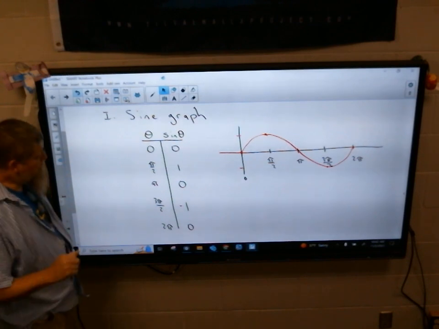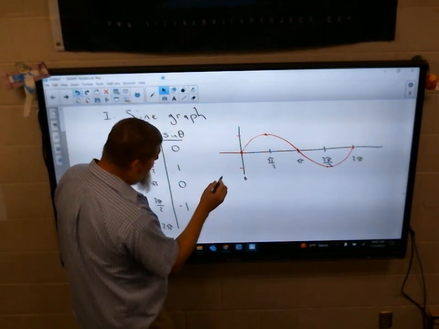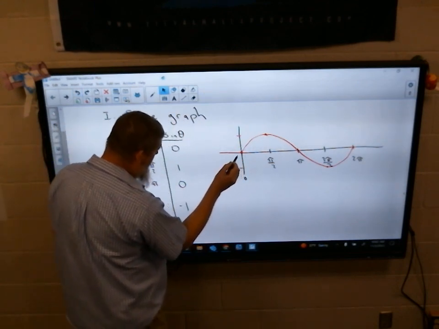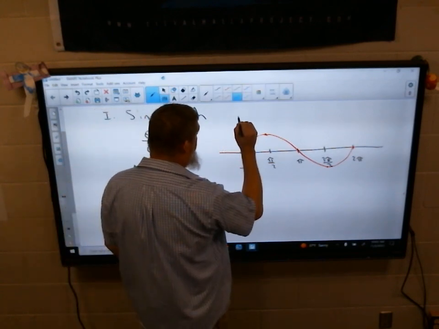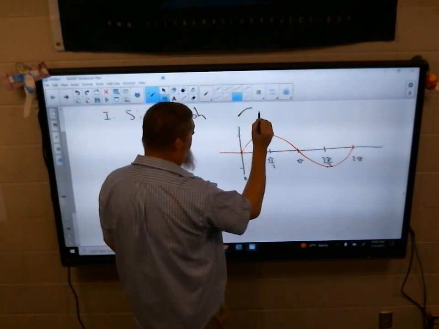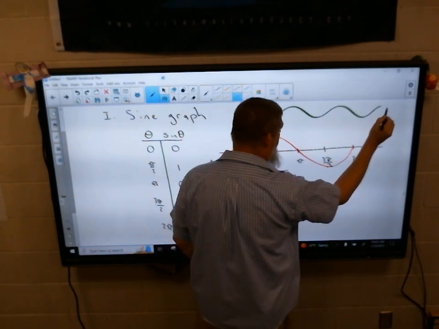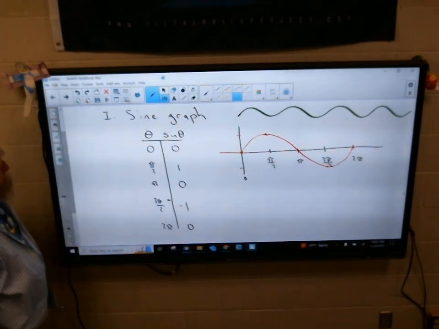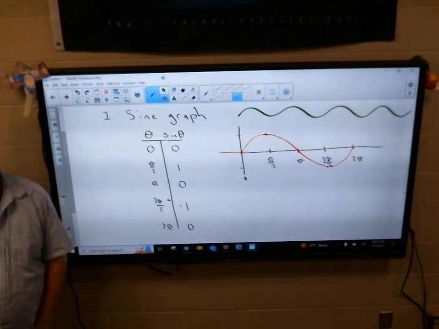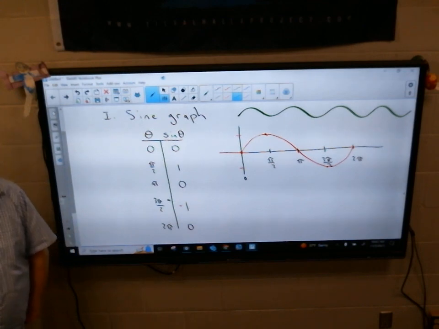We do remember that this goes forever in both directions. This sine curve is not just one isolated spot. It's over and over and over again, and it goes on forever. Would we go back to 0 and then go back up to 1?